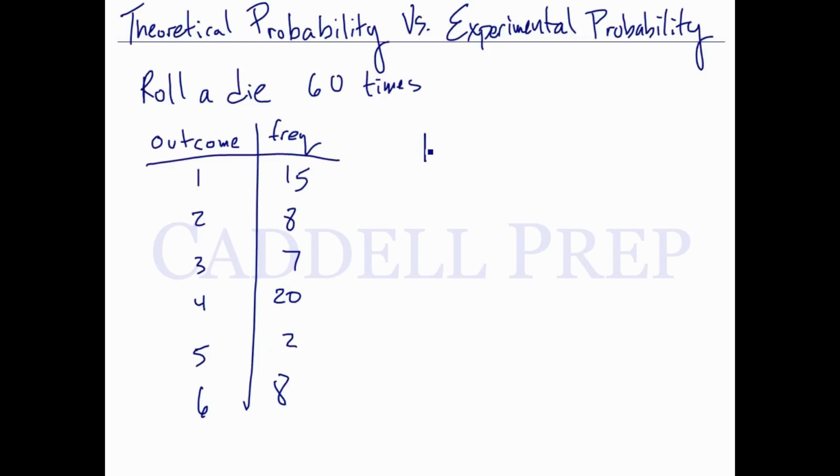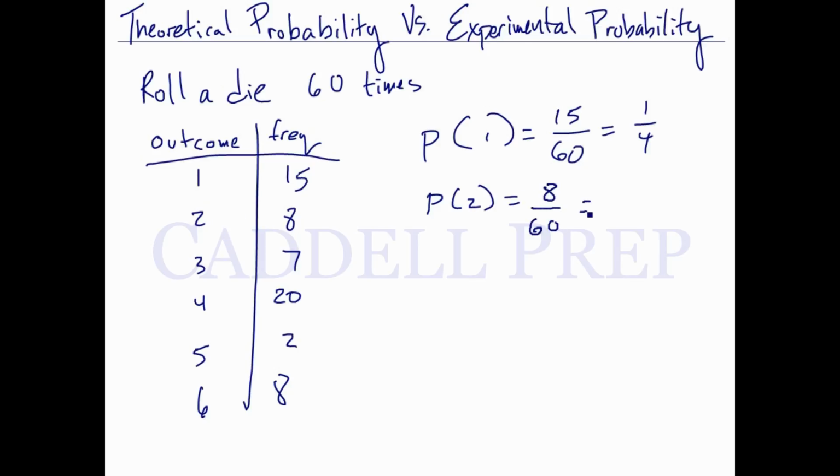So here, if we want to find the probability of rolling a 1, well, we'd say out of every 60 times you roll it, we'd expect to get it 15 times. So 1 out of 4 times. It's a lot different than the 1 out of 6 times we had before. The probability of getting a 2, we saw a 2 came out 8 times, 8 out of 60.